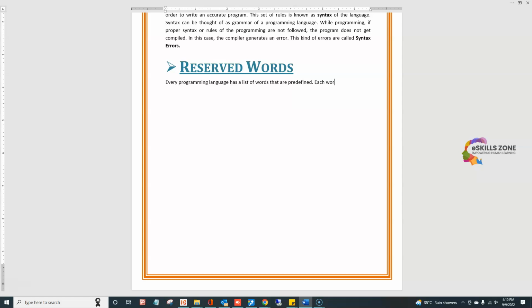Each word has its specific meaning already known to the compiler. These words are known as reserved words or keywords.